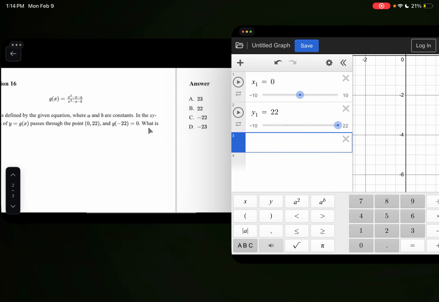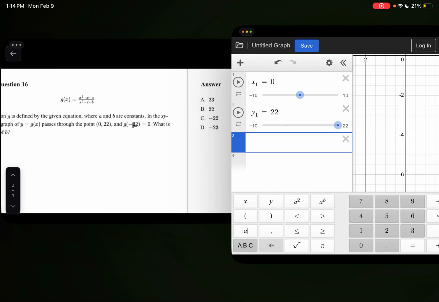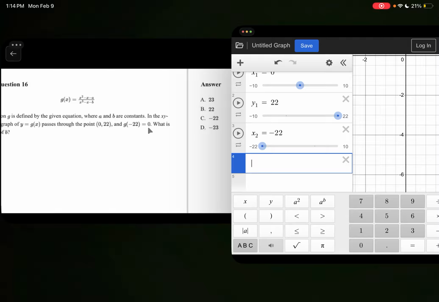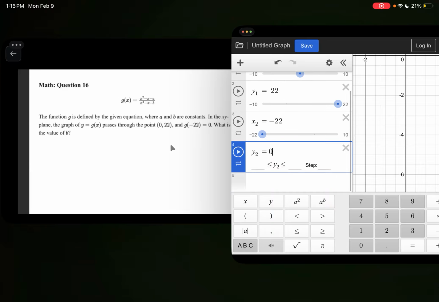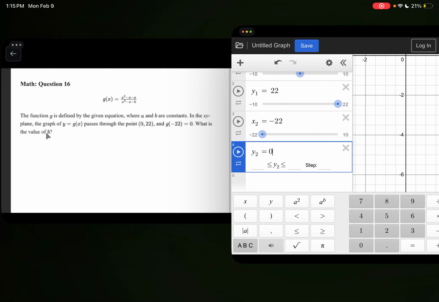And for this one, g of negative 2 is equal to 0. This is the x value of the second point, and that is equal to negative 22. And this is the y value of the second point, so y2 is going to equal 0. And now what is the value of b?